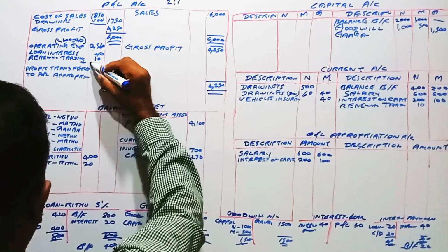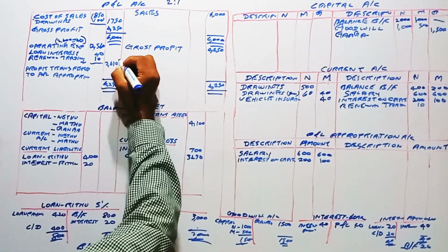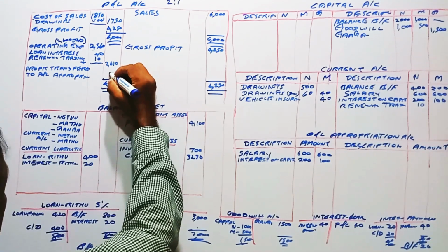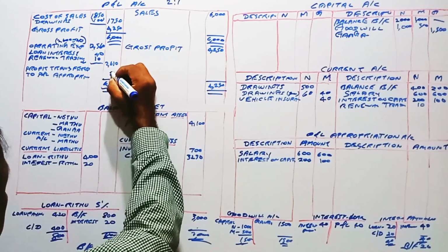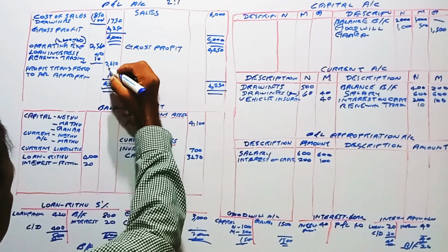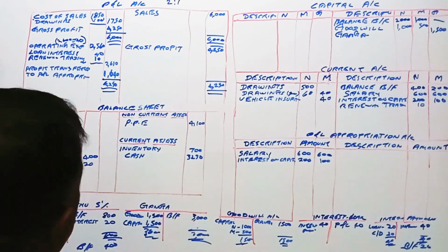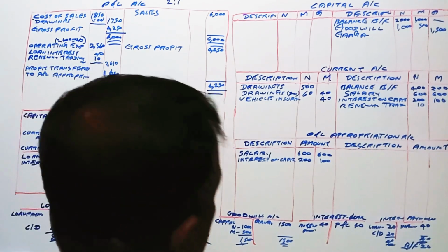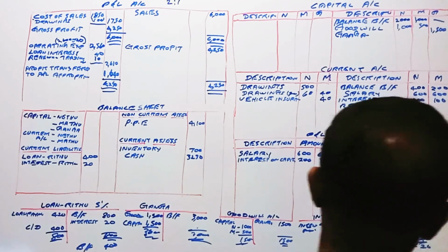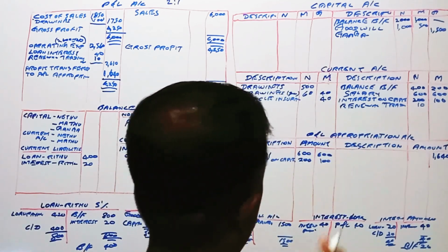What is this charges? 2,610 means 640, 640, then 1,640 transferred to the appropriation account, right?